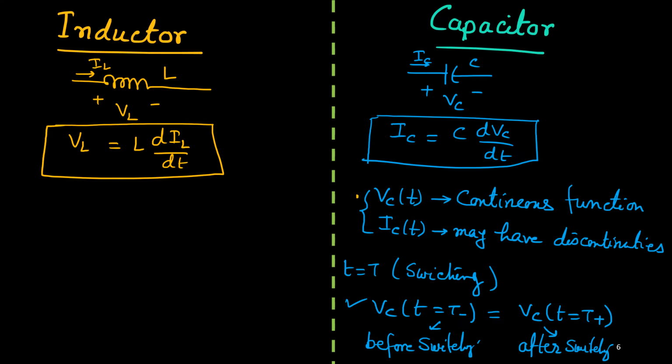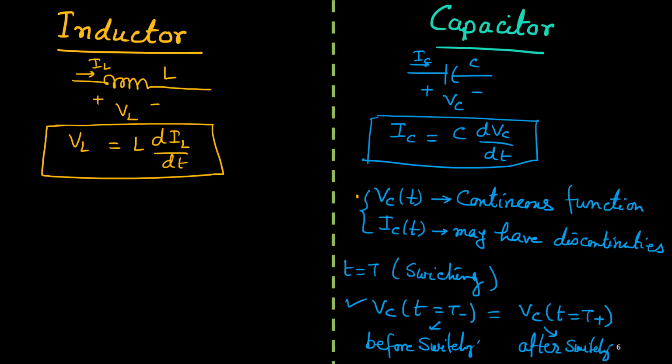For the inductor, it is just the reverse. What is the logic behind it? In a practical circuit, all quantities will remain finite, so VL and IL both are finite.